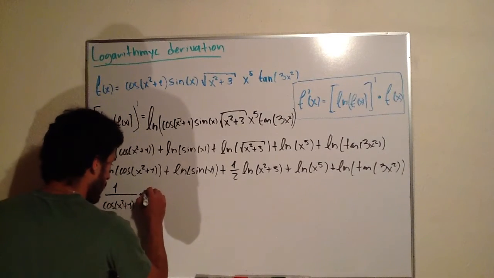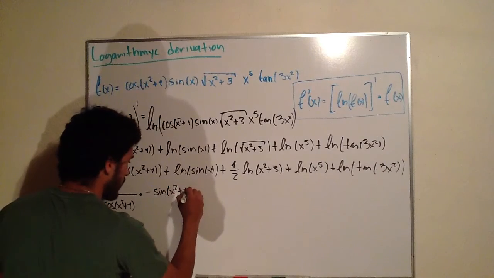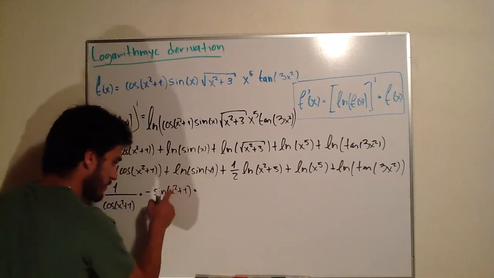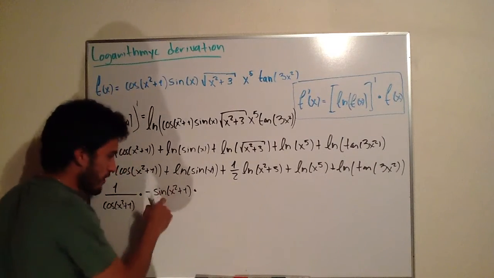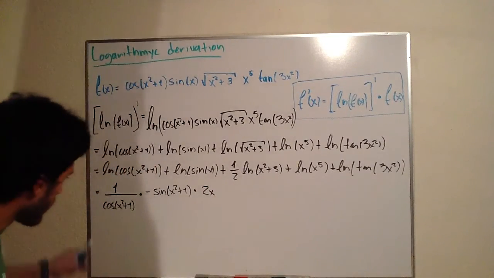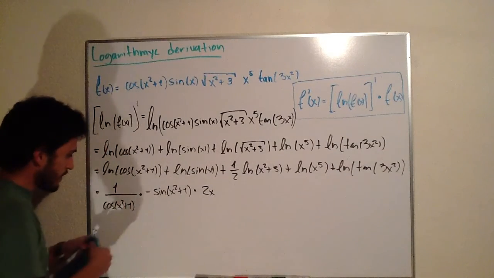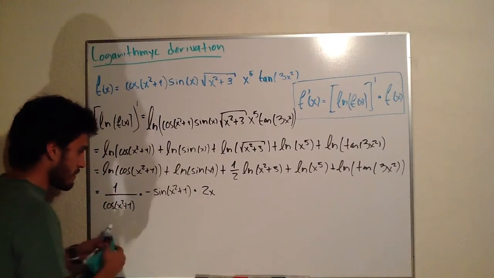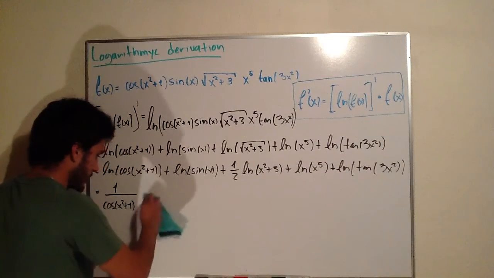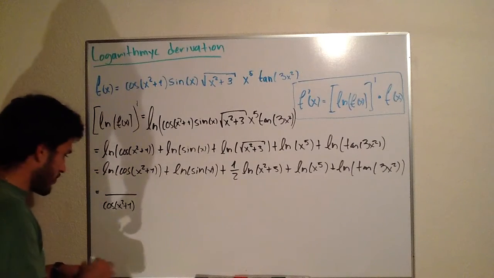That will be minus sine of x squared plus 1 multiplied by the derivative of this function, applying the chain rule, 2x. So if we multiply these two by 1, then we will have this multiplication. I'm going to put it in here because I don't have much more space.